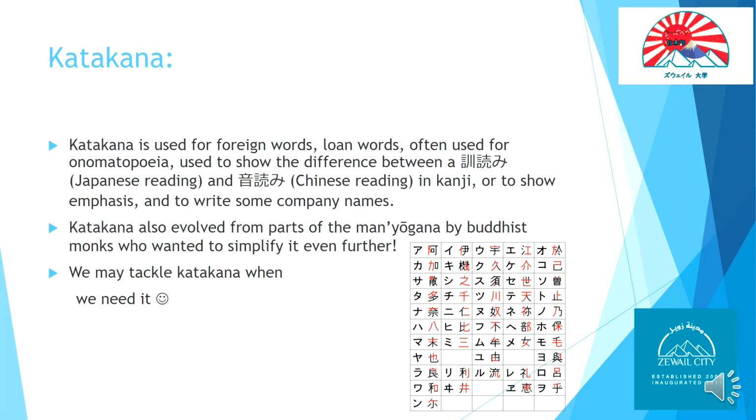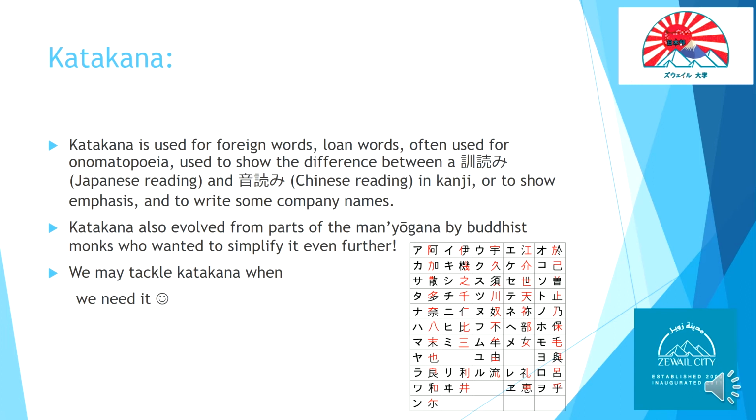Also, it's used to show the difference between the onyomi and the kunyomi, the Japanese reading of the kanji and the Chinese reading of the kanji. We will tackle this point once we reach the kanji. Or to show emphasis and to write some company names. To simplify it, it's used when you want to write something in Japanese that didn't originate from Japan, something that is taken from outside, because Japanese people are usually conservative and they like to protect their culture.